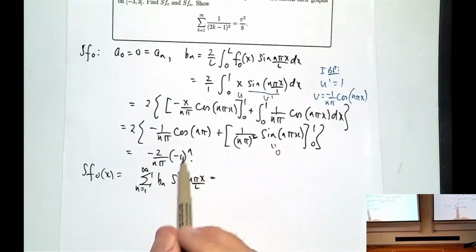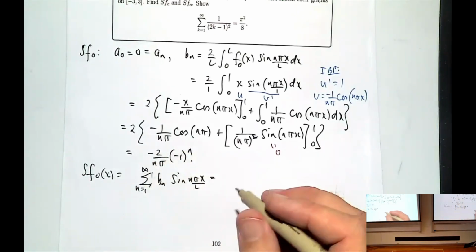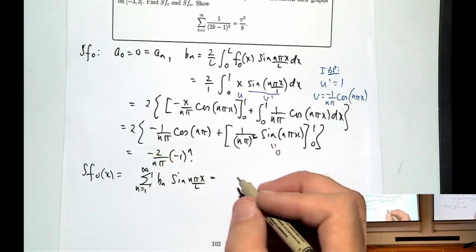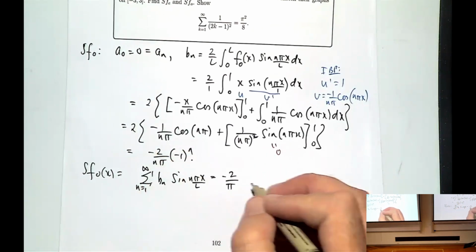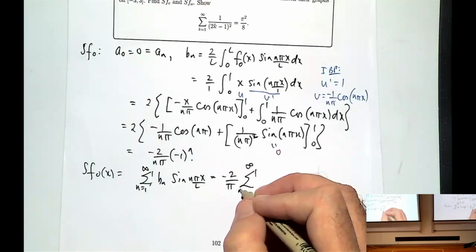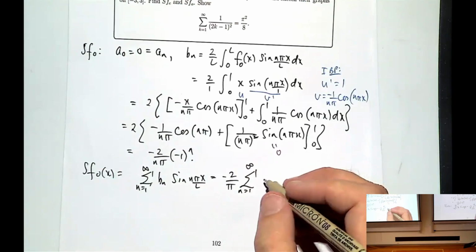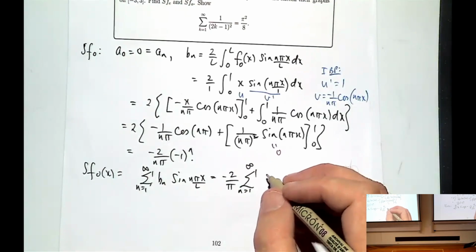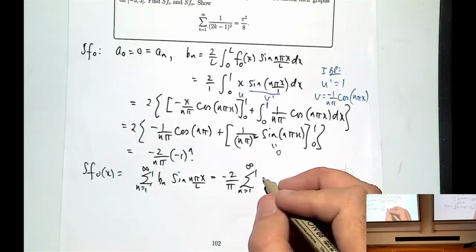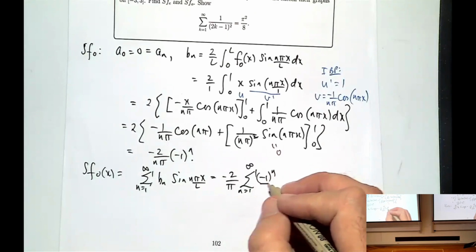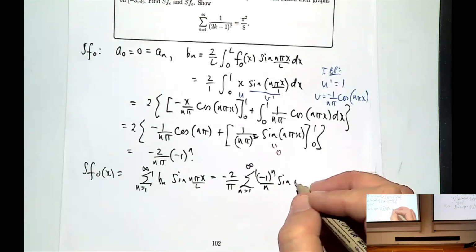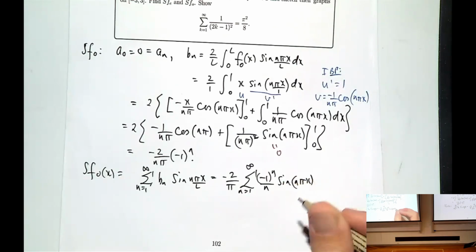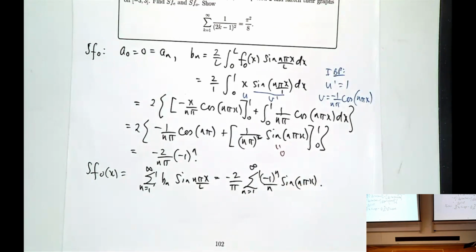Okay, so take Bn and replace it with that. I can take the negative 2 on pi to the front. Ta-da!